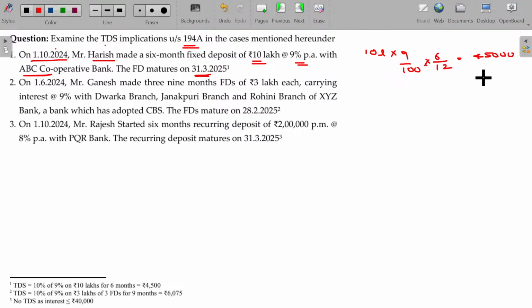The limit 40,000. What about the TDS applicable? TDS applicable or not? Applicable. How much? 10%. 4,500 TDS is leviable under section 194A. As the value is more than 40,000, TDS is applicable at the rate of 10%.